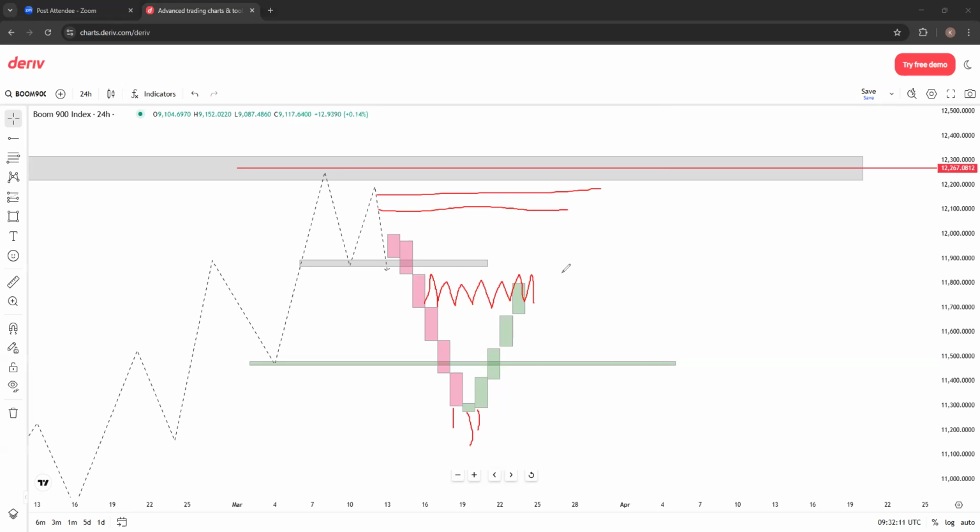So what do you use, a fair value gap or an order block? In cases like this, I would obviously want to wait for price to get to my OB, but the most important thing is, if we get a break of market structure again on a fair value gap area, that means it is confirmed that this is now the new high, this is the low, and we are going to start downtrending.